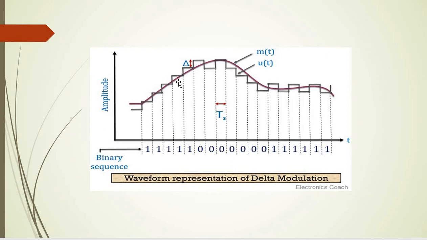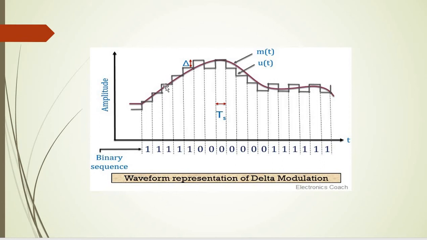Whenever the stair-step waveform is greater than the message signal, a 1 is transmitted, and whenever the stair-step waveform is less than the original message, a 0 is transmitted.